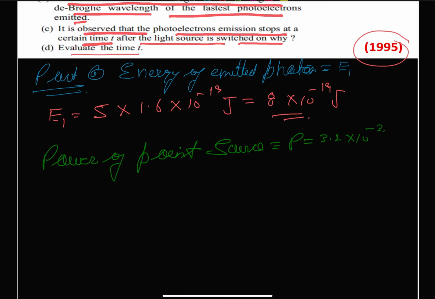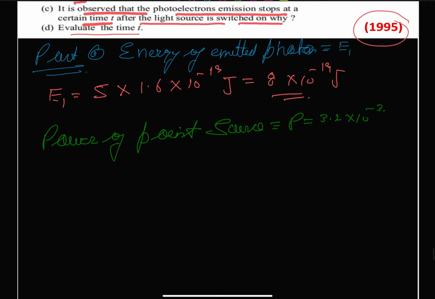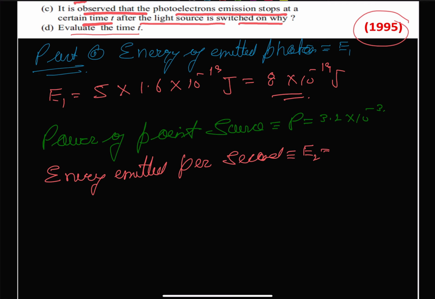So we can say energy emitted per second, from the power, we can write that our energy emitted per second, let us call that E2, is equal to 3.2 into 10 to the power minus 3 joules.